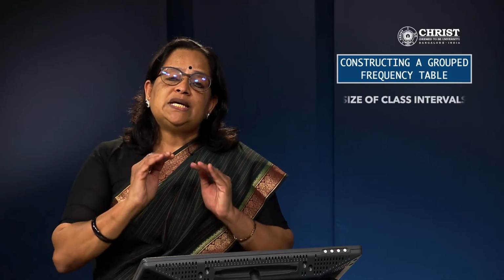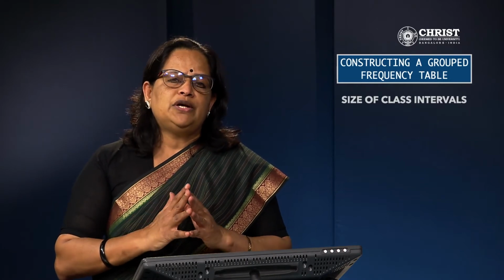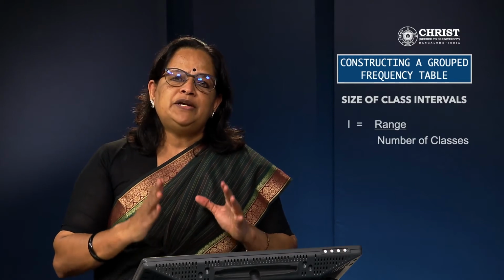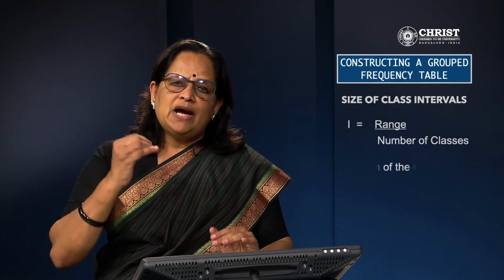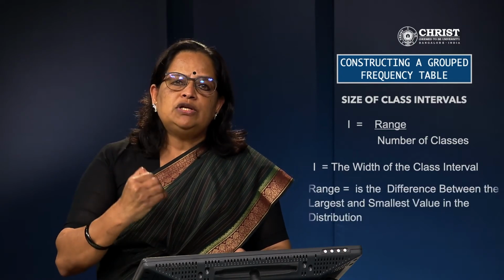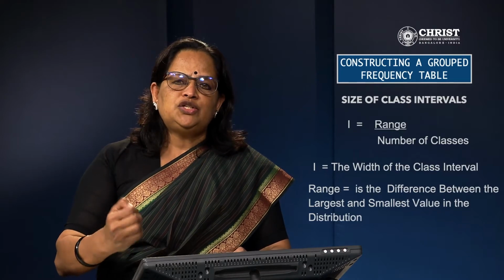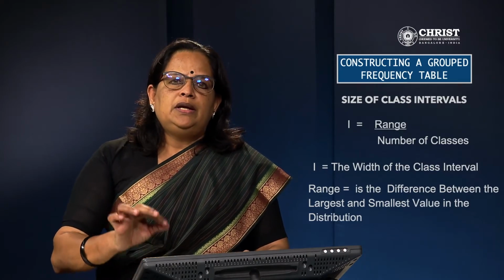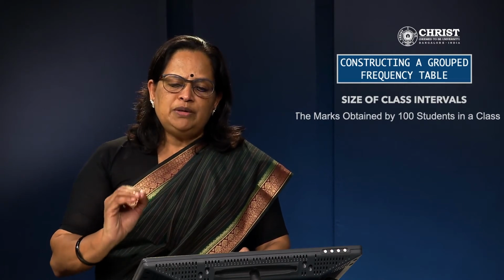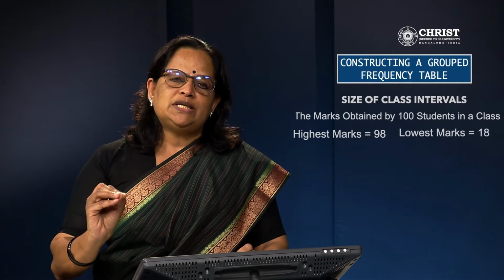Next, for the size of the class intervals, Professor Stokes has also suggested a formula: I = range divided by number of classes, where I is the width of the class interval and range is the difference between the largest and smallest value in the distribution. Now the first problem: the marks obtained by 100 students in a class. Highest mark is 98, lowest mark is 18.